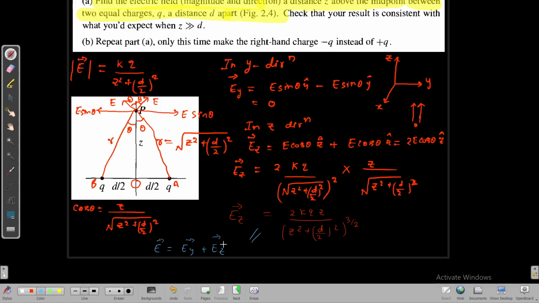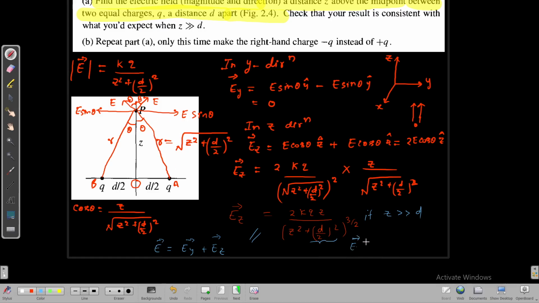Now it is asking to check that result when z is very much greater than d. So if z is very greater than d, you can ignore this part. So Ez, or I should say E vector only, because they both are equal.